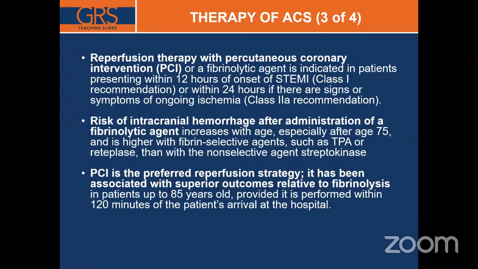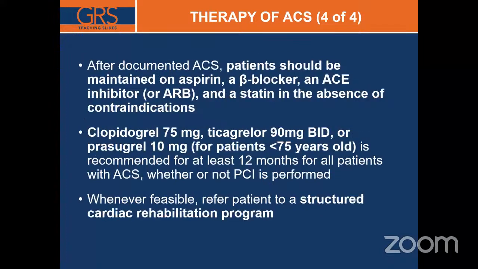Like we said, it has been associated with superior outcomes relative to fibrinolysis. If PCI is available in the hospital, it should be done within 90 minutes. If it's not available in the hospital, the patient should be transferred to another hospital within 120 minutes. If it is not available within this time, you give fibrinolytic.